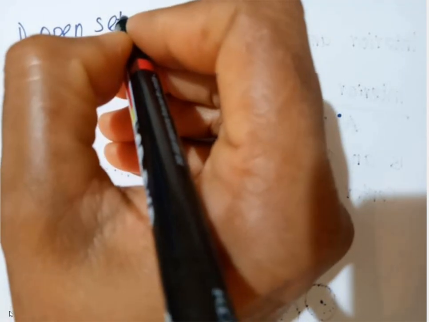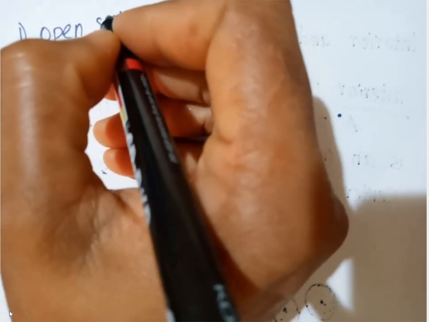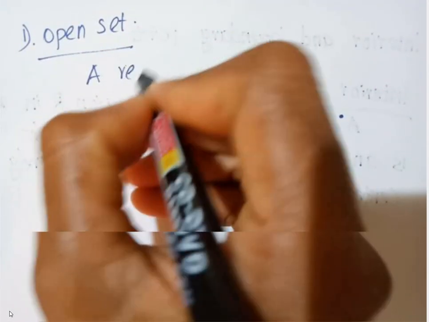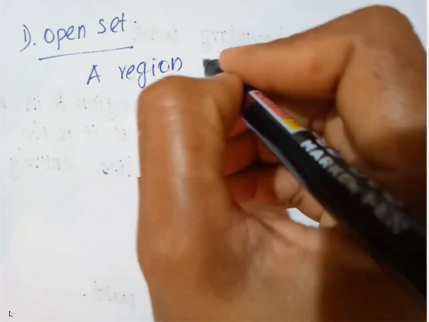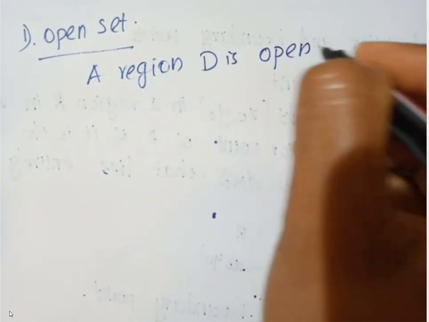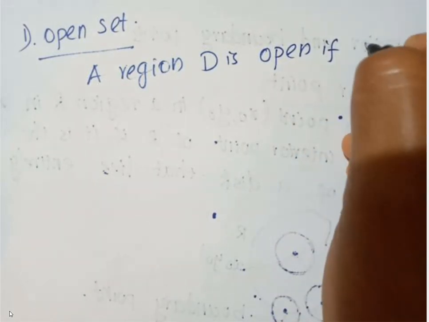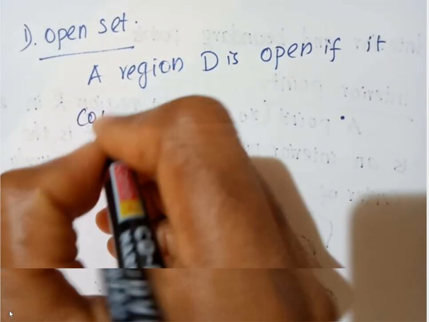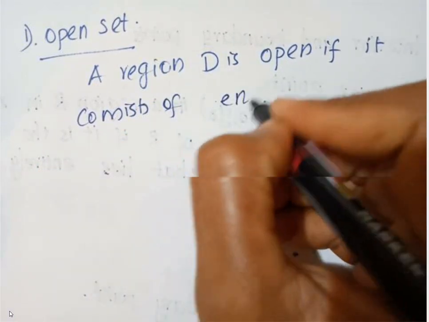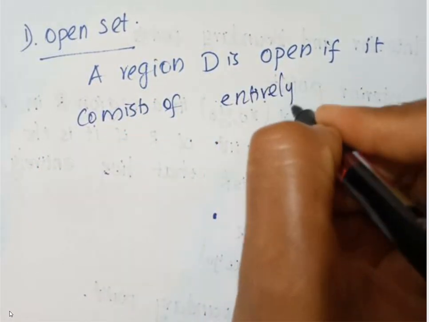Open set: a region is said to be open if it consists entirely of interior points.